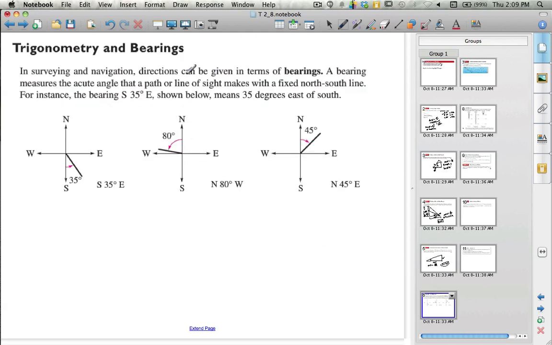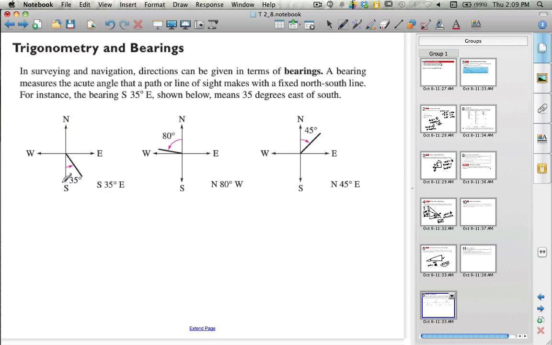Now when we're talking about surveying and navigation, directions can be given in terms of bearings, and bearings measure an acute angle that creates a path or a line of sight based on compass points. So if you're talking about south 35 degrees east, that means I'm at east and I go south 35 degrees.